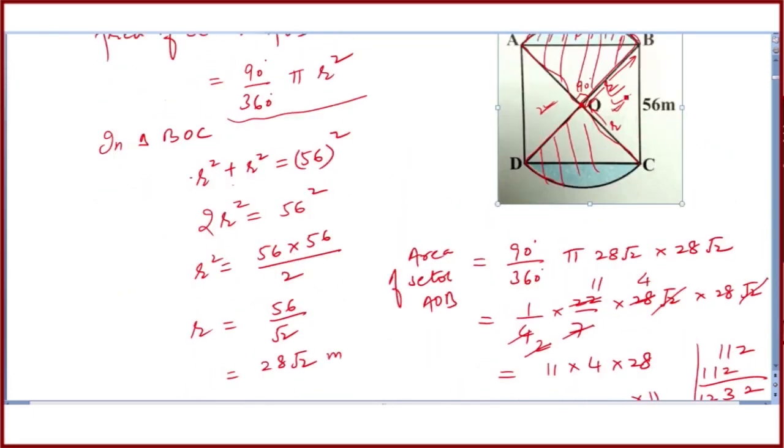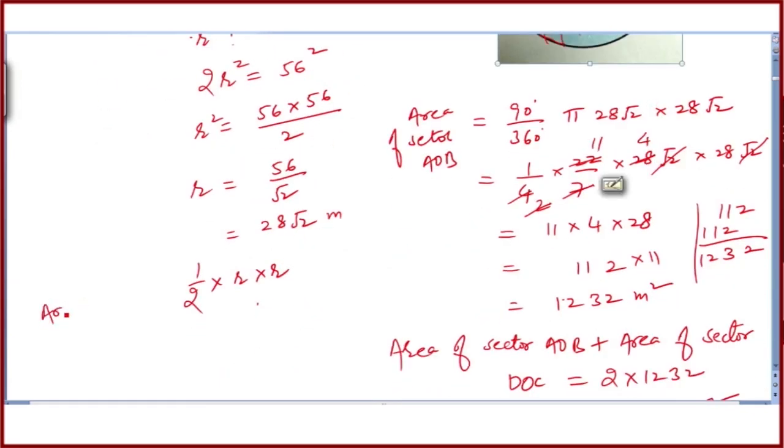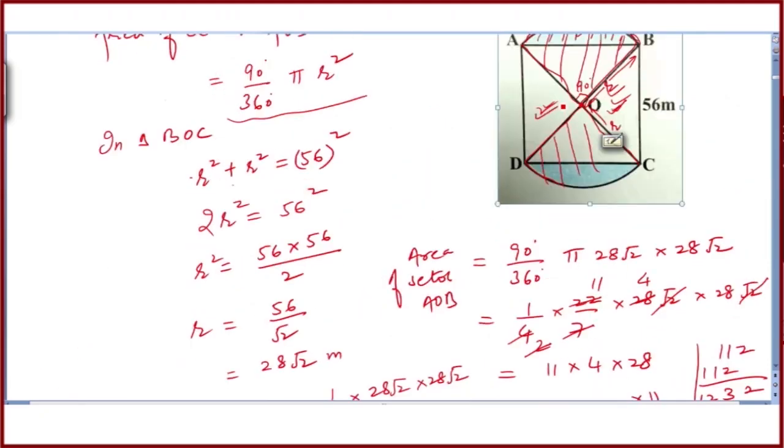And we know that area of triangle BOC is nothing but half into base into perpendicular, and base and perpendicular are equal and equal to r. So half into r, which will be half into 28 root 2 into 28 root 2. And I have two such triangles.